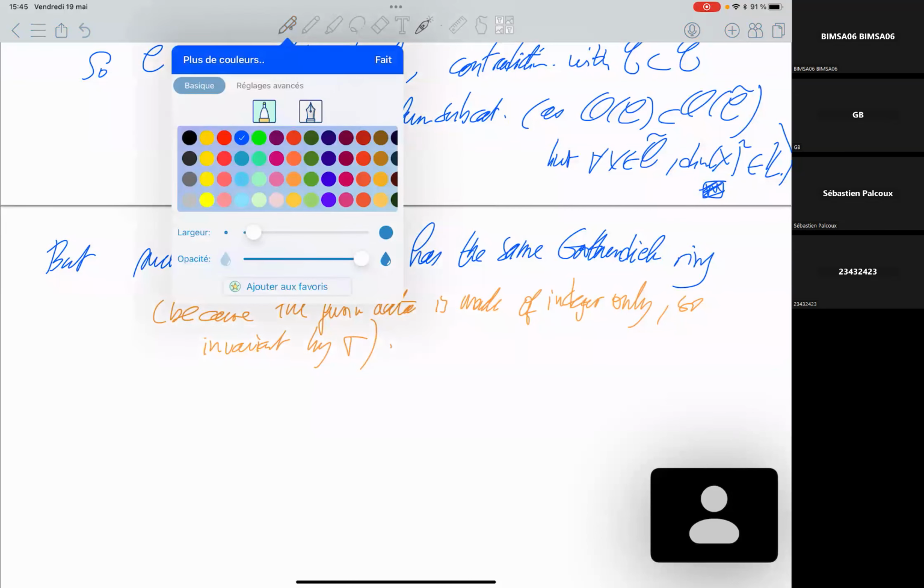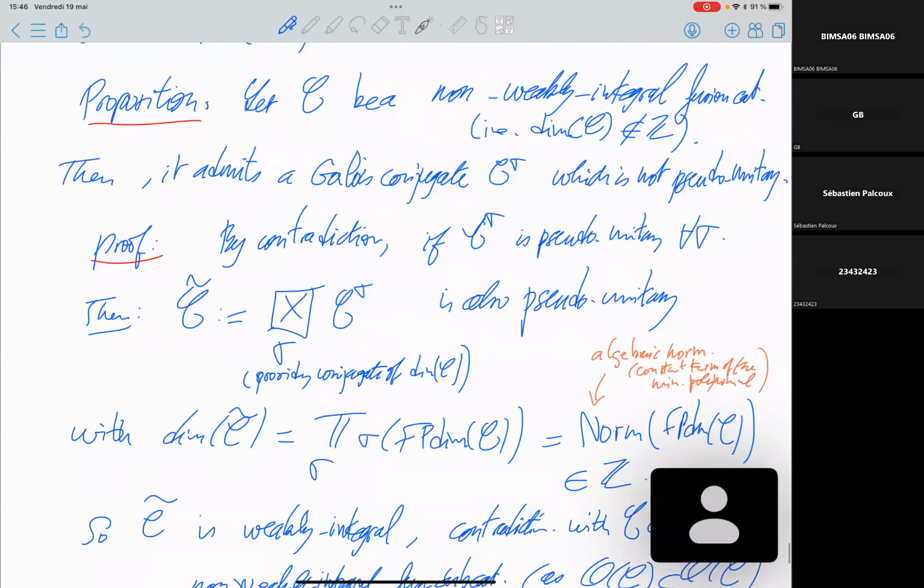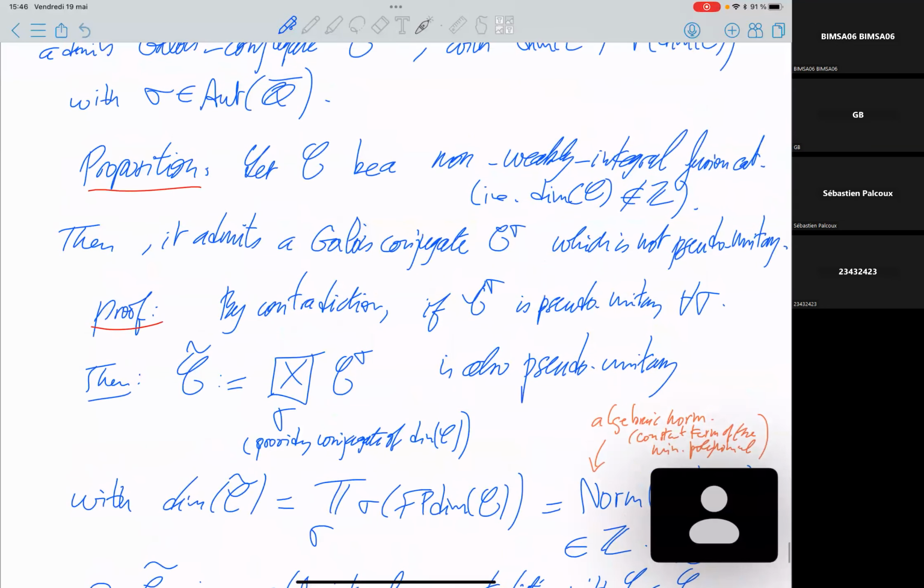But so it's a bit cheated. In fact, non-pseudo-unitary categories coming from such a construction are always conjugate to a pseudo-unitary one. In fact, they are Grothendieck equivalent to a pseudo-unitary one.